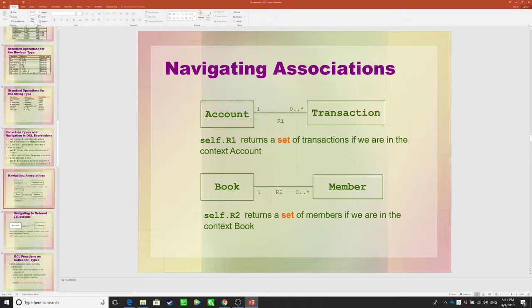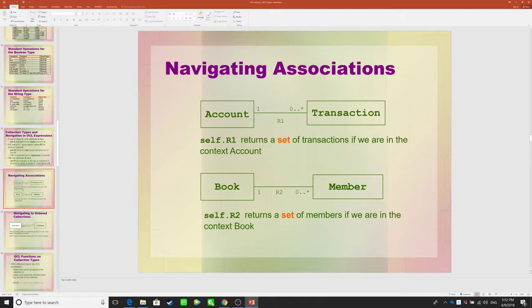This is a traditional UML. Most of the time you don't see this, but you can see this one-to-many relation, like 0..* means it can be from 0 to any number there. So, a one-to-many relation.